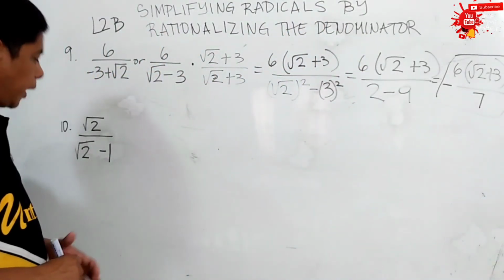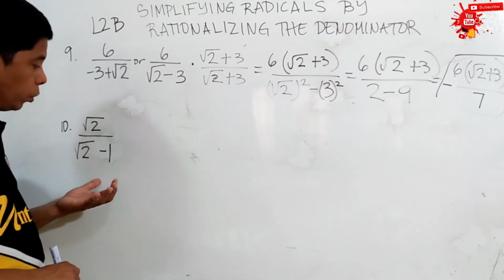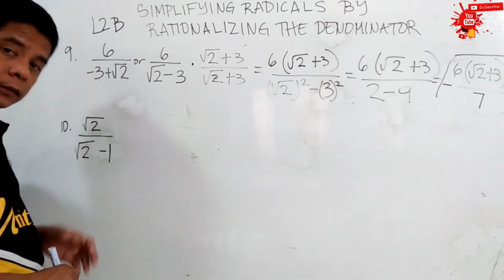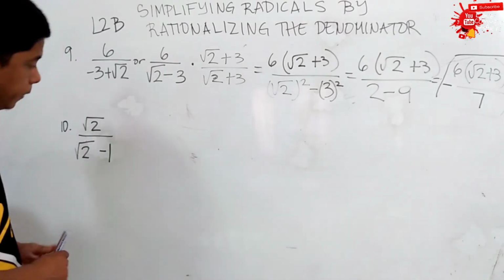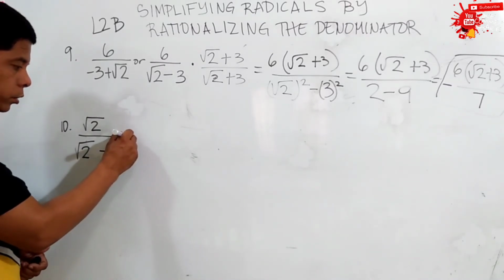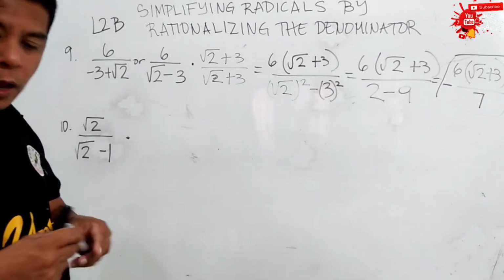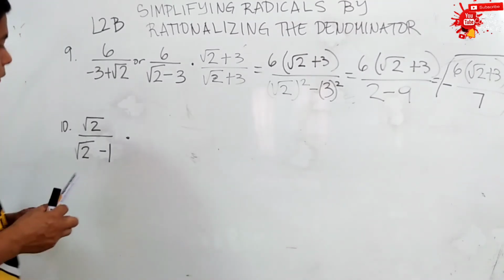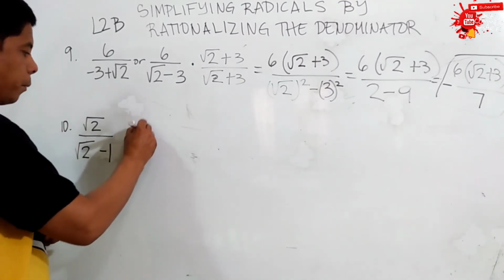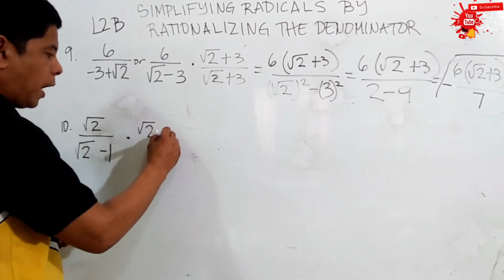Then, yung number 10, okay? So, kagaya po yan nung nasa taas. Sasagutan na po natin. Ito na lang yung purong bonus nyo. So, ano po yung i-multiply natin for number 10? That is the square root of 2 plus 1.